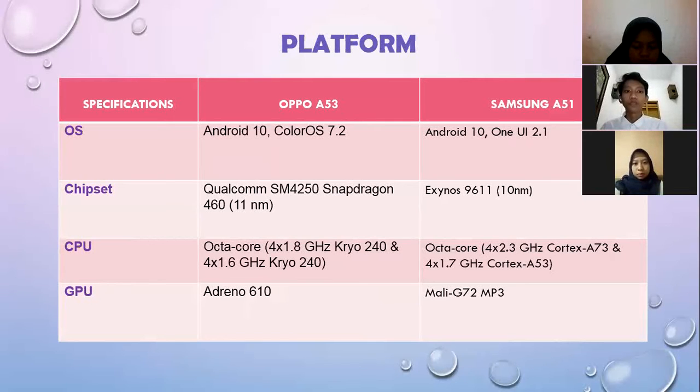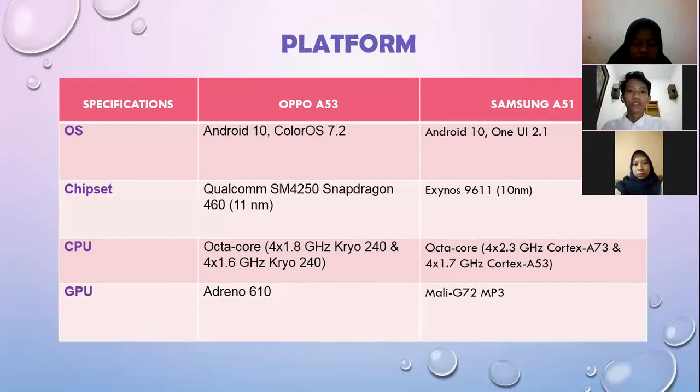Number 2, chipset. Oppo is Qualcomm SM4250 Snapdragon 460 and Samsung is Exynos 9611.